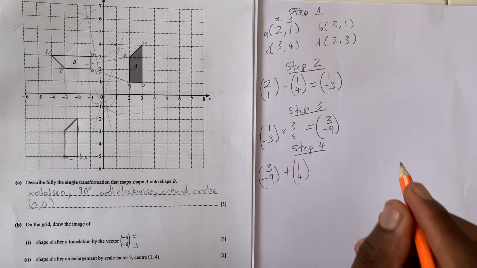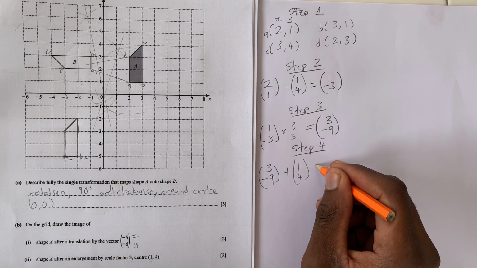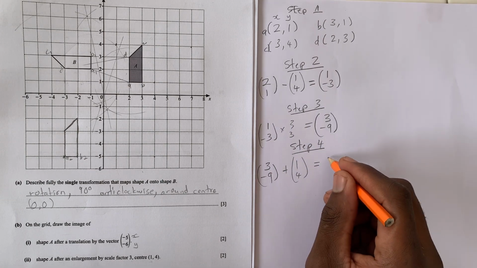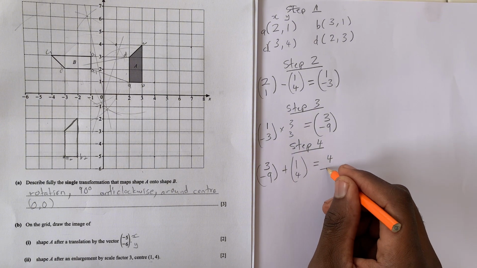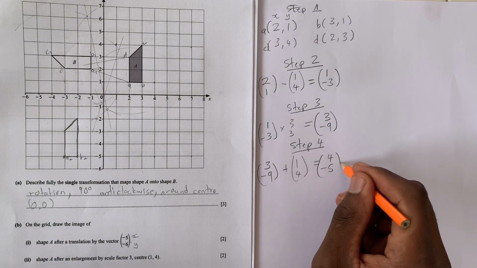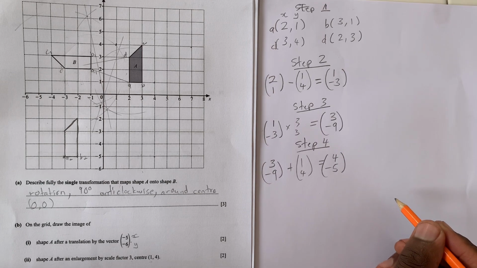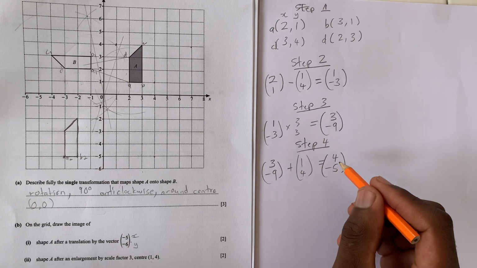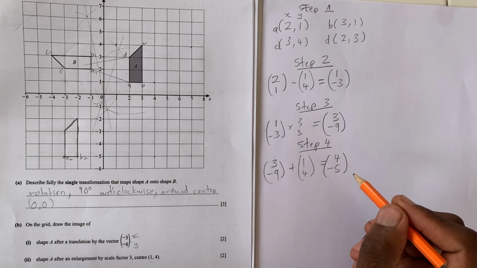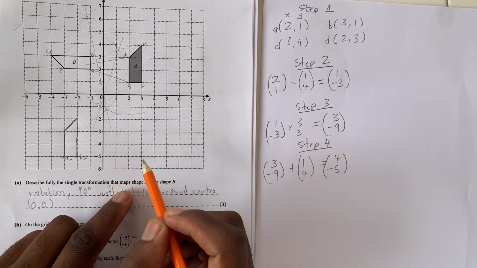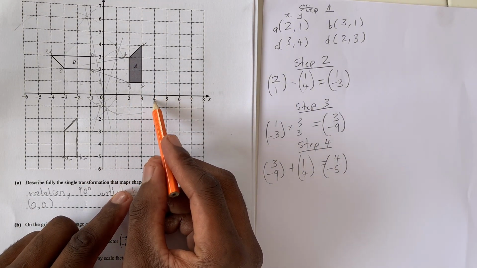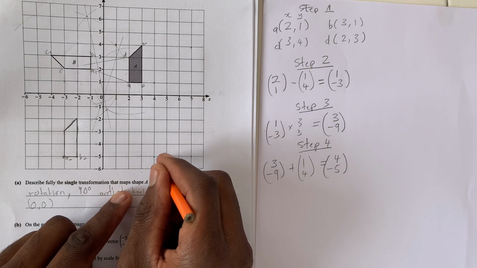Right, so 3 plus 1, that's going to give me a 4. Minus 9 plus 4, that's going to give me minus 5. So my first point is 4 and minus 5. So let me go to this grid, x-axis 4, y-axis minus 5.